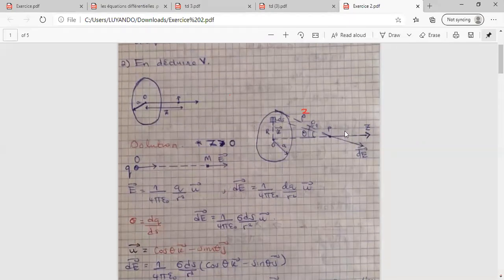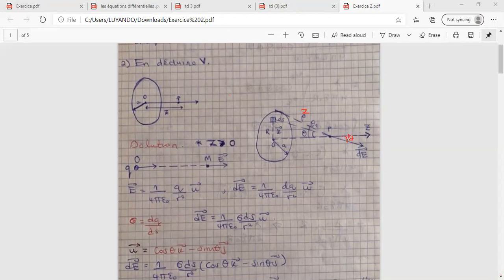For us to have our U, we introduce our trig. We're going to have an angle here, which is our theta.